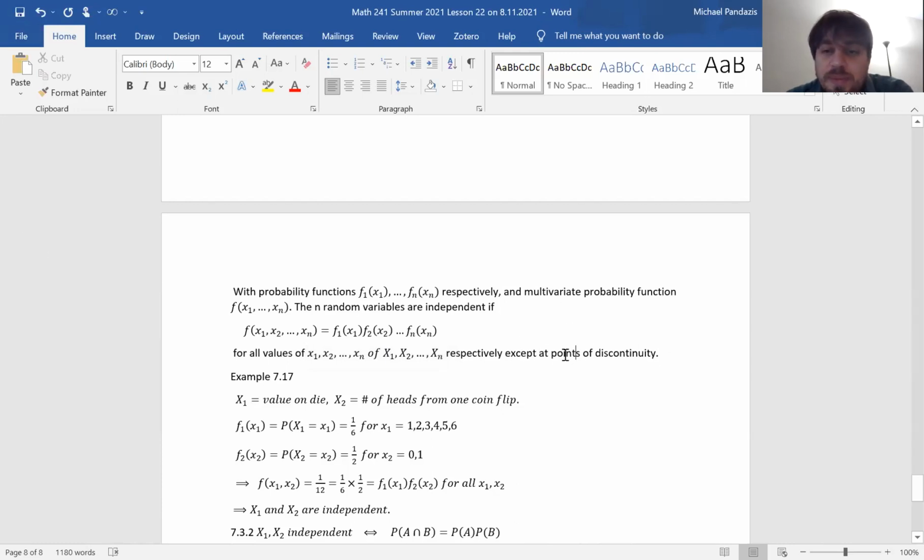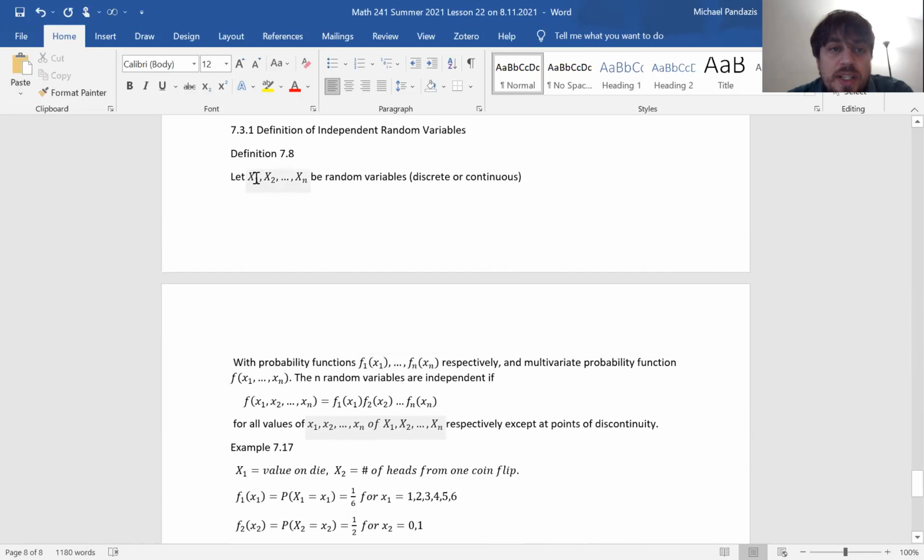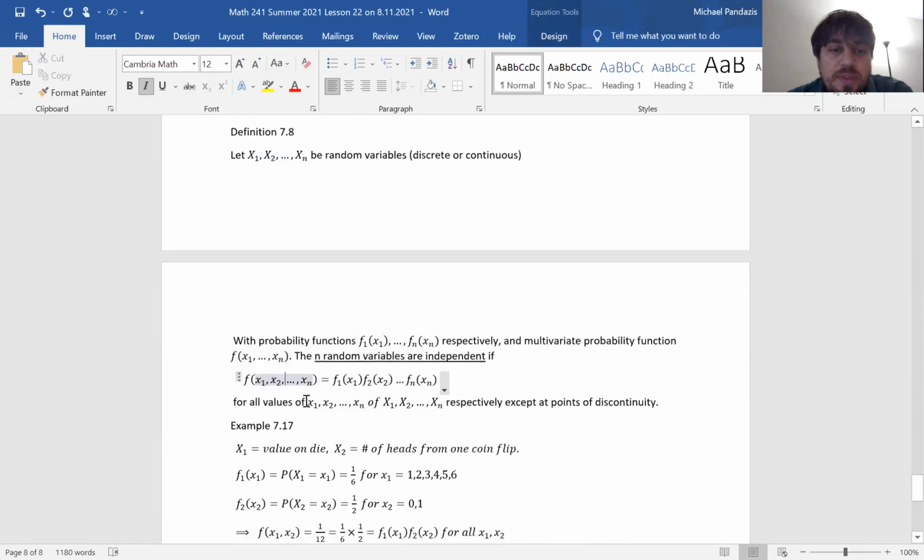You can ignore these points of discontinuity, but if you have equality everywhere else, you can say that these n random variables are independent, if that equation holds.